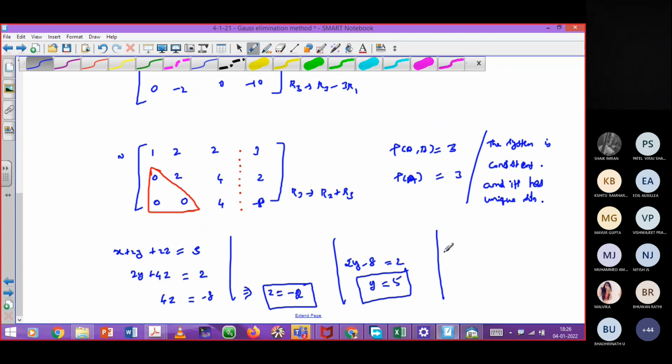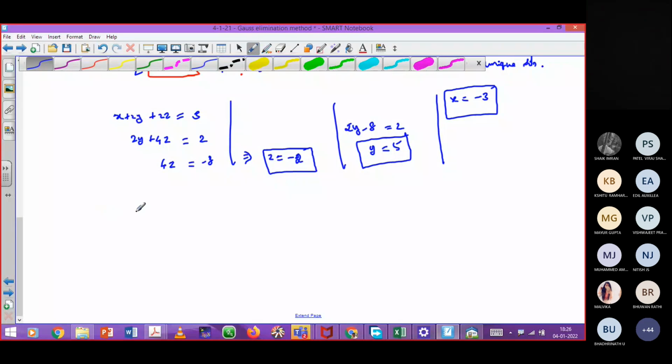Yes, sir. Okay, then by substituting y and z value into the first equation, what is the x value? Anyone can quickly try to say the answer. x equal to 3 minus 2y, that is 10, minus 2z, minus 4. So 10 minus 4, 6. Minus 3, I guess. Minus 3, yes. Minus 3. Thank you. So you have determined the final answer. x equal to minus 3, y equal to 5, z equal to minus 2.